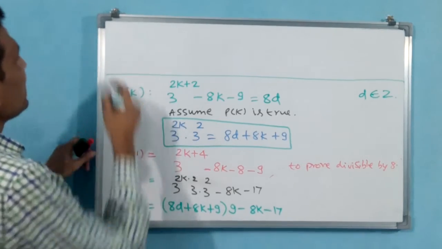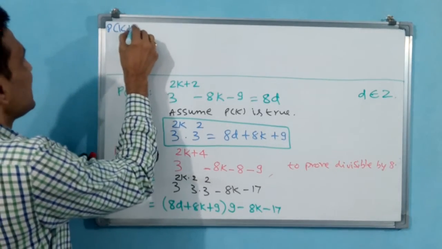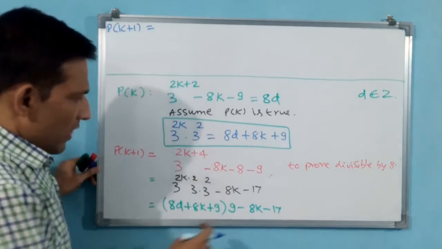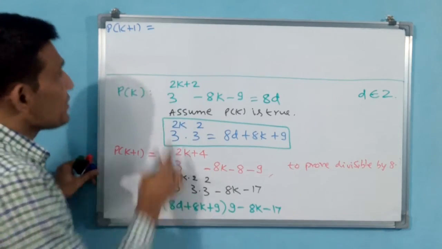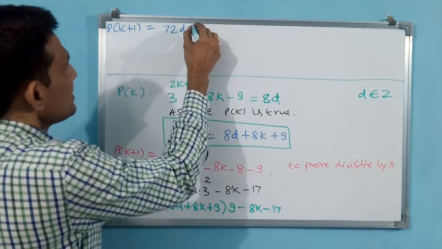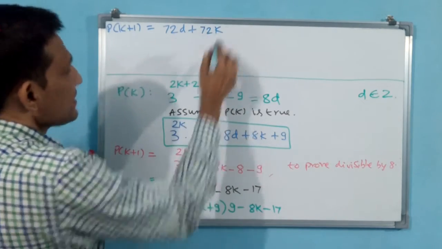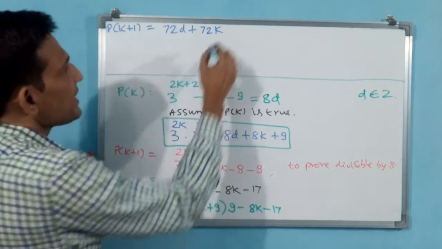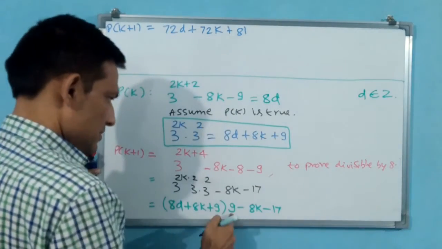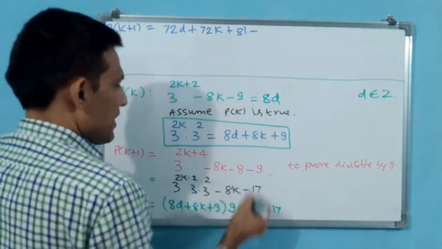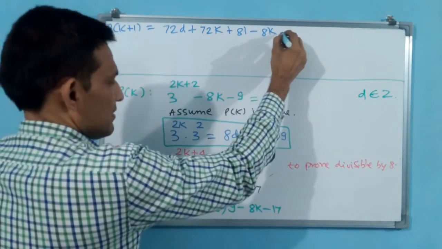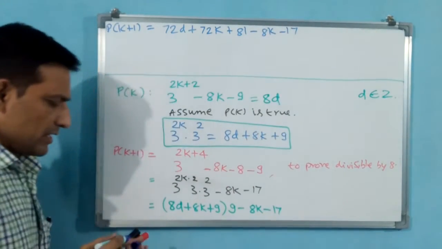That is why better you write pk plus 1 again. P of k plus 1 is equal to. Now you send 9 inside. 72d plus 72k. 9 8s are 72. 9 9s are 81. Plus 81 minus 8k minus 17.